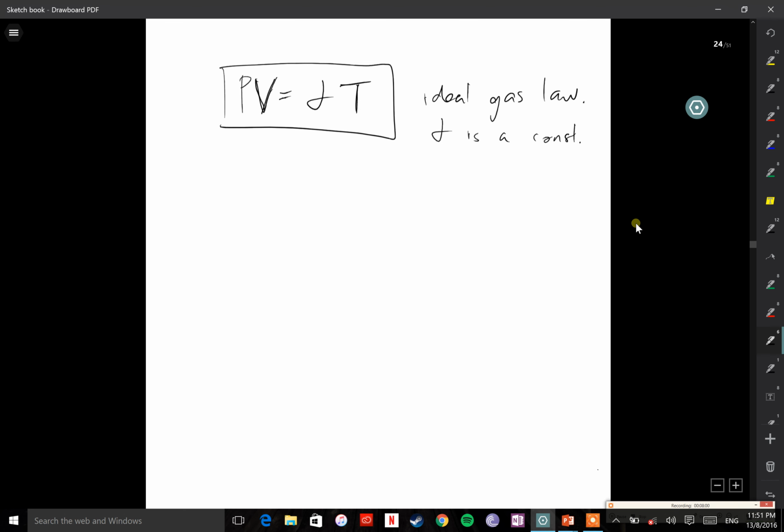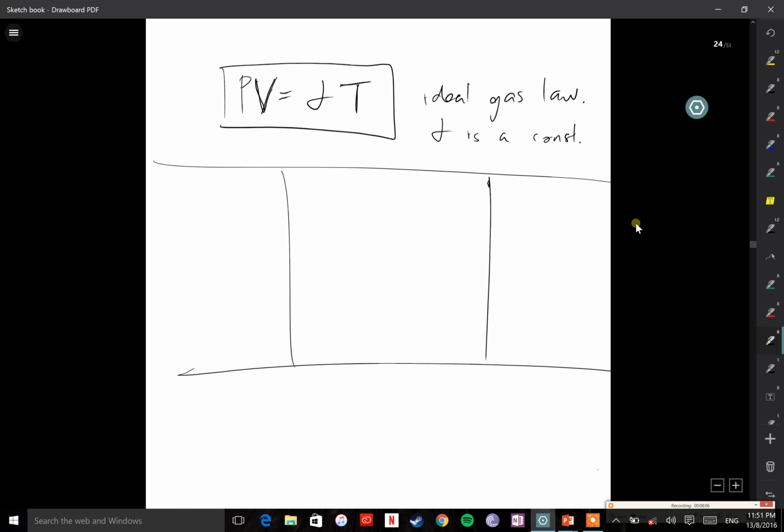There are three conditions that I want us to take note. So I'm going to draw three brackets here. The first condition is for when P is constant. The second condition is when V is constant, and the last condition is when T is constant.